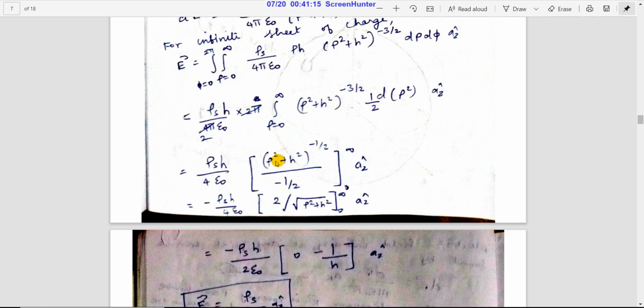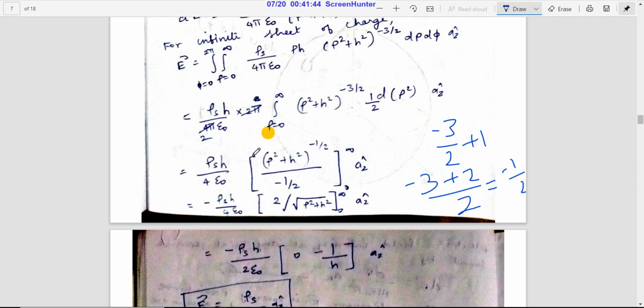So this term (rho square plus h square) power minus 3 by 2 plus 1 will come as minus 1 by 2. How? That is minus 3 by 2 plus 1, so minus 3 plus 2 divided by 2. So this term is going to come as minus 1 by 2.